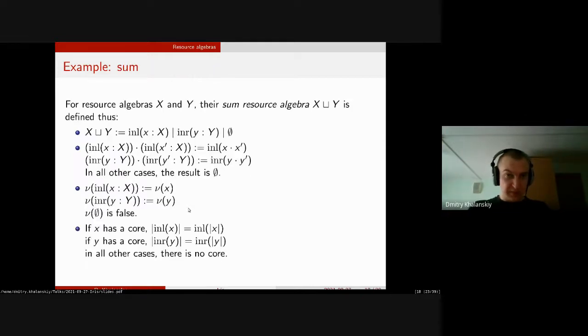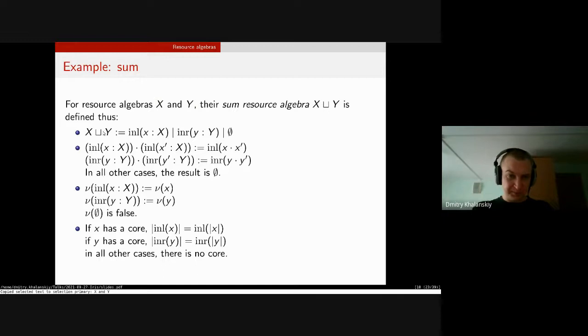Another example is the sum resource algebra. If we have two resource algebras, X and Y, then we can define their sum as follows. The sum can be constructed in three ways. It can be constructed invalidly, it can contain an instance of X, or it can contain an instance of Y. The valid values of this resource algebra look like this.